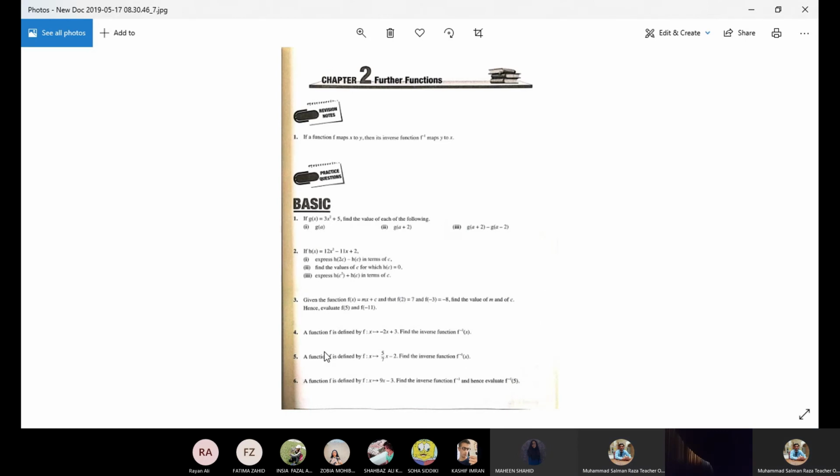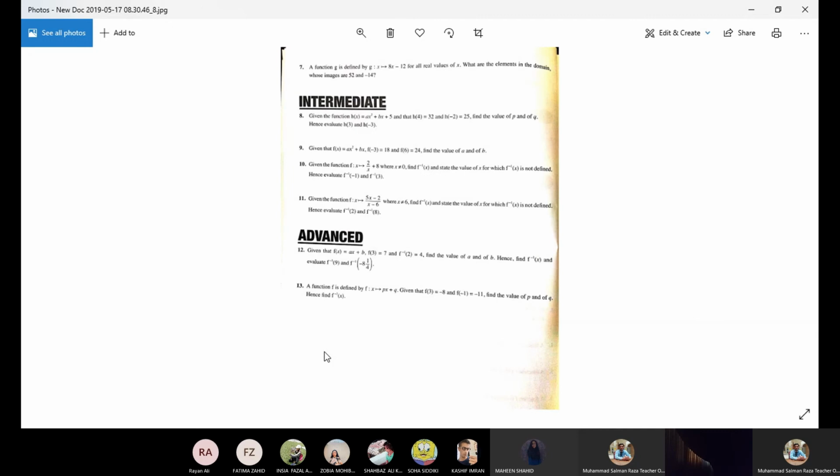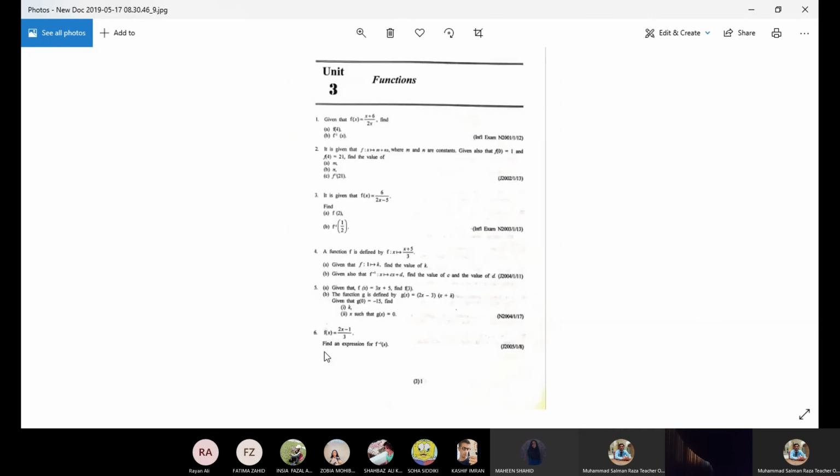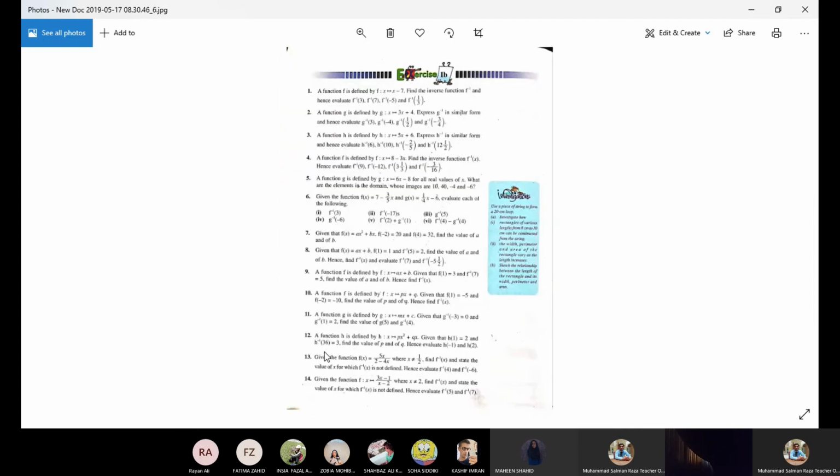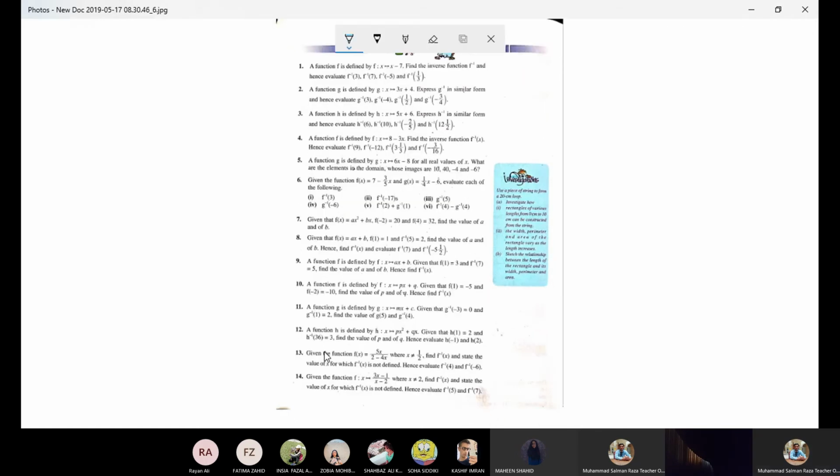Look how it's mentioned in the 7th edition: basic, intermediate, and advanced questions are there, and then the past papers. So we are going to solve 1 or 2 questions from this exercise, and then we'll move forward to the past paper questions. So let us consider the first question from this exercise.